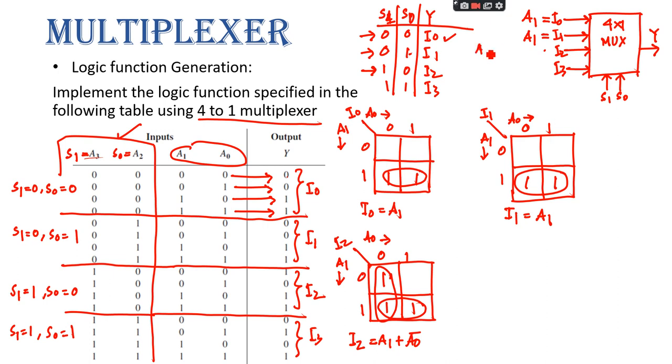So from A1, and then from A0 you need a NOT gate, and they should be ORed together, right? It should be connected to I2. Yes, sir.